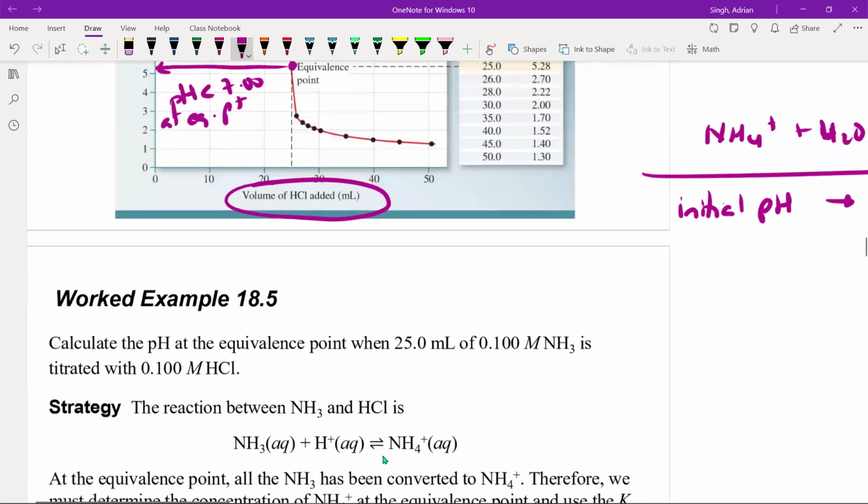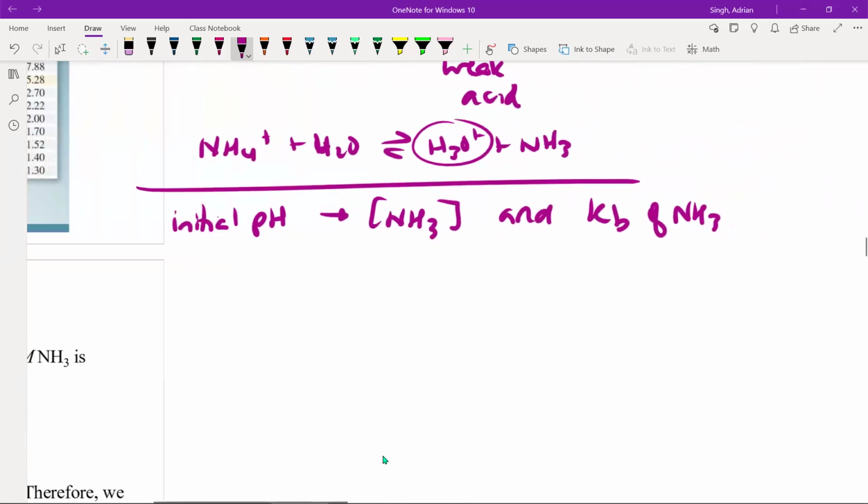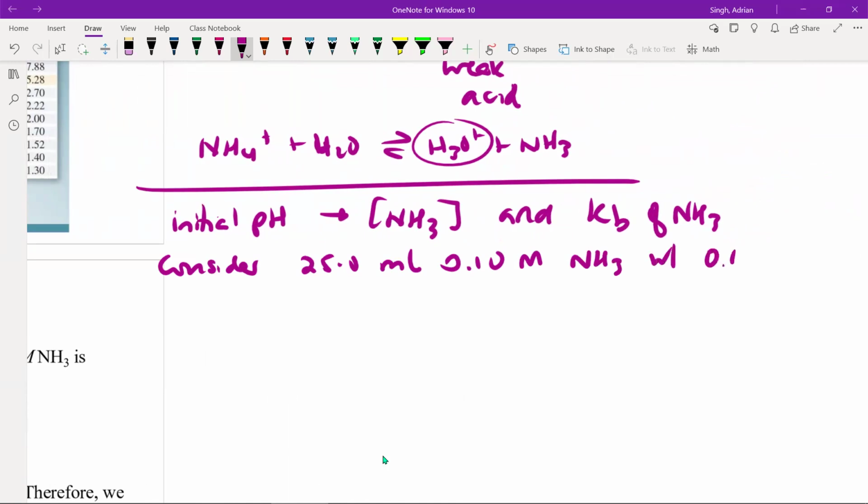Let's consider the titration of ammonia. Let's say we had 25 mL of 0.1 molar NH3 with 0.10 molar HCl.